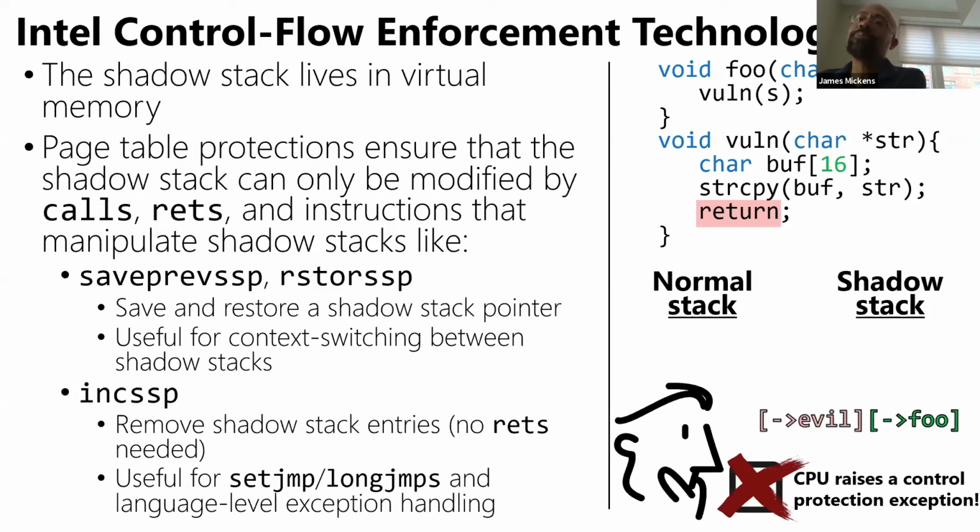Instead, it's manipulated by calls and rets, for example, because you see things being pushed onto or popped out of the shadow stack. Or it can be interacted with via some of these instructions I'm showing here, like increment shadow stack pointer, if, for example, user level code wants to implement C++ style exceptions, something like this.